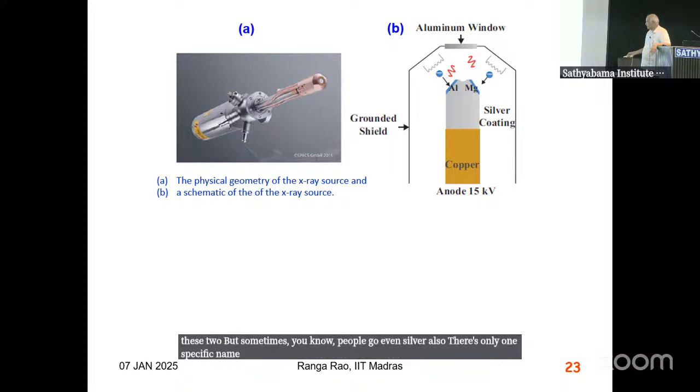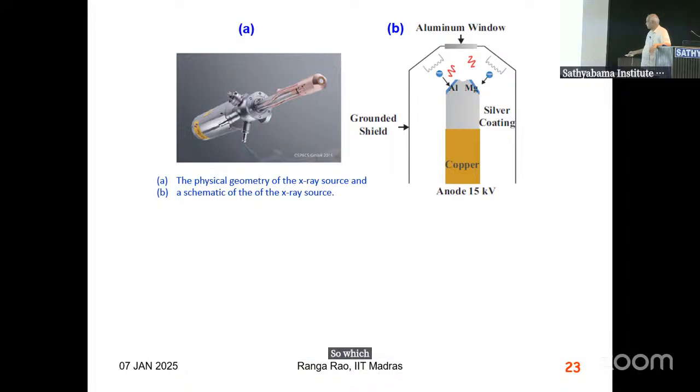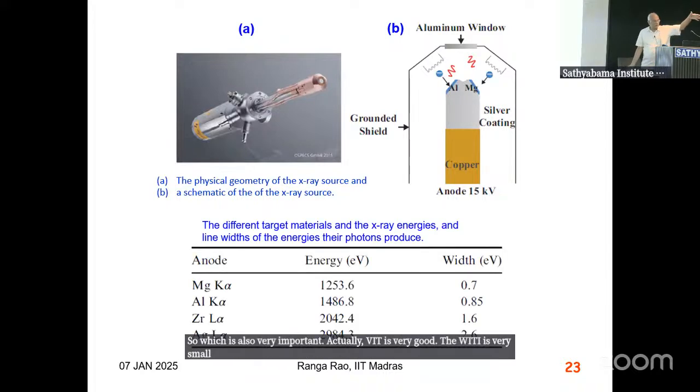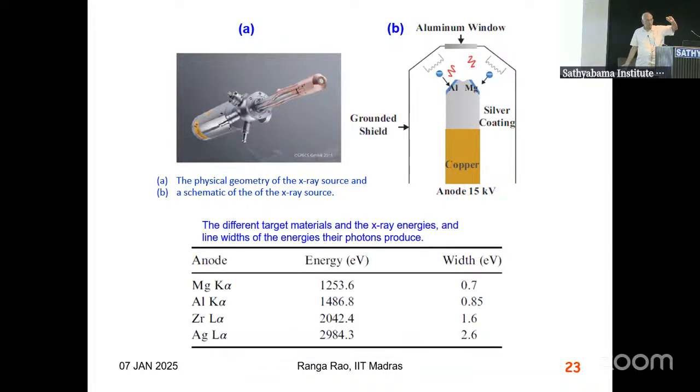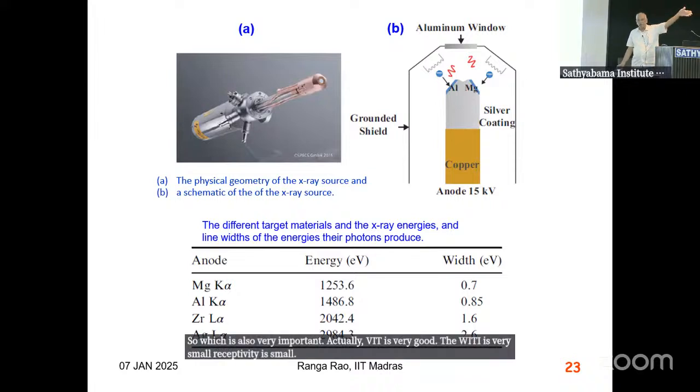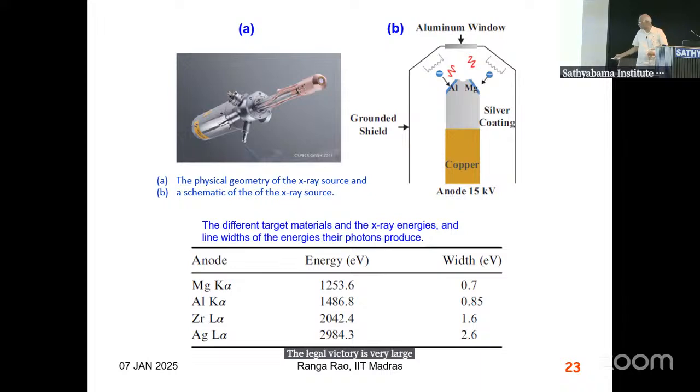The energy is very high there, so the X-ray width is also larger. If the X-ray width is small, the resolution is better. Whereas here the width is very large, so the resolution may not be very good, but you can reach deeper levels.